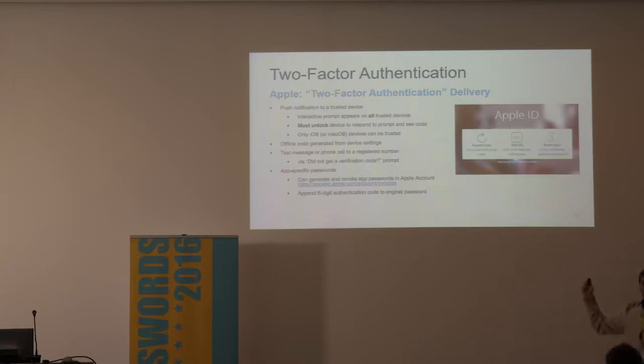With two-factor authentication, the first thing Apple does is send you notifications on all of your trusted devices. You will see, and that's inevitable, you will see that someone is attempting to log in. And you will be able to decline that. This is really important.